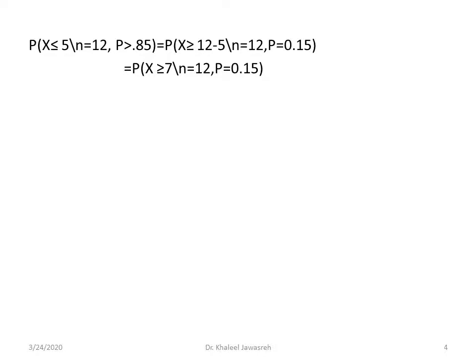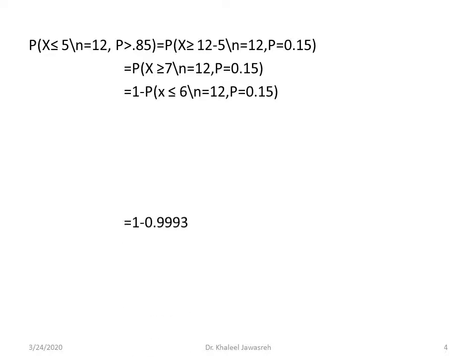0.15 because 1 minus 0.85 will yield 0.15. From the table, it is a complementary, as you see, the probability of x greater than or equal to 7 when n equal to 12 and p equal to 0.15. It's a complementary probability that obligates us to take 1 minus the probability of being less than or equal to 6 when n equal to 12 and p equal to 0.15.